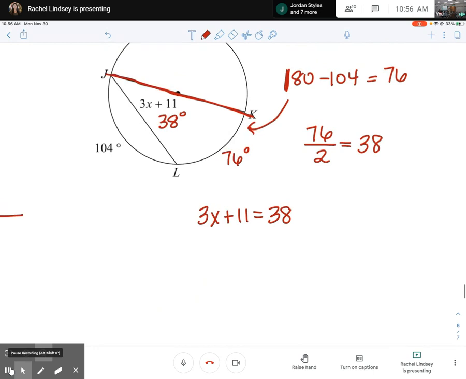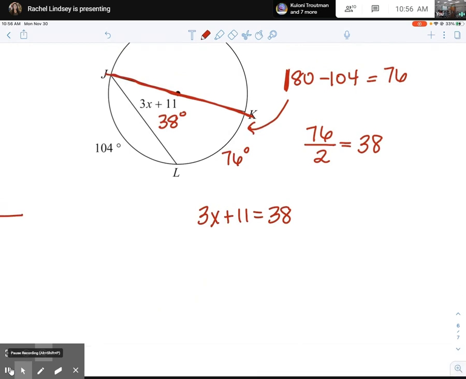First, we had to find our arc KL. So 180 minus 104 gave me 76. 76 divided by 2 gives me my angle, 38. And it's 3x plus 11 equals 38. So now what am I going to do with that 11? Subtract 11. And we'll have 3x equals 27.